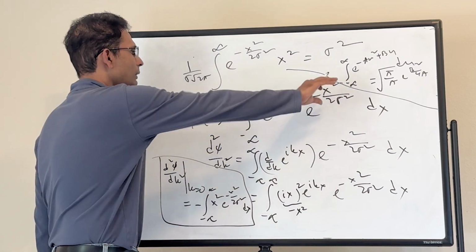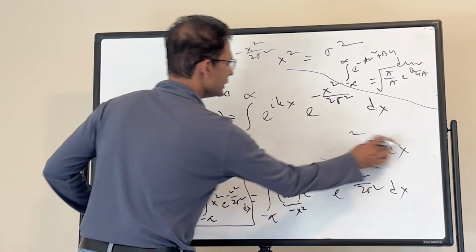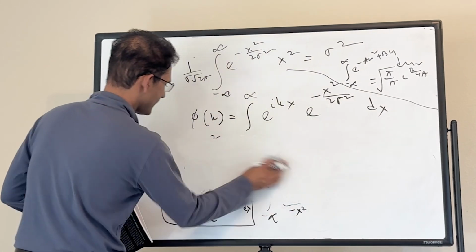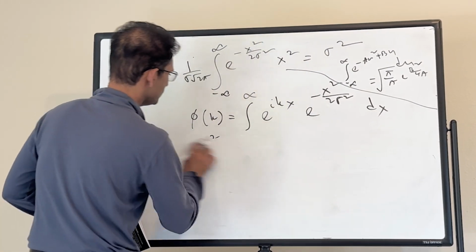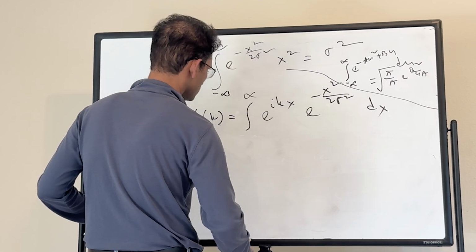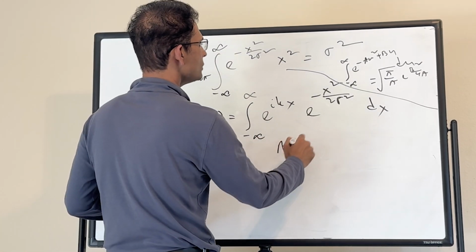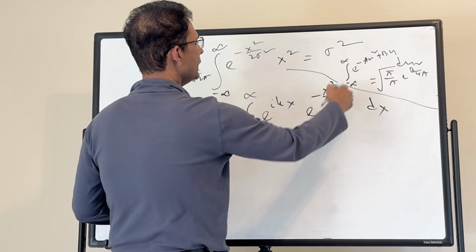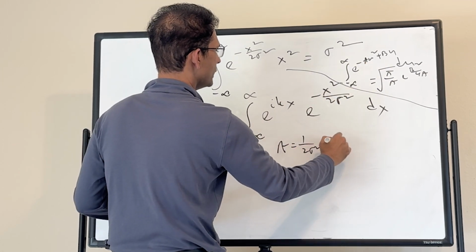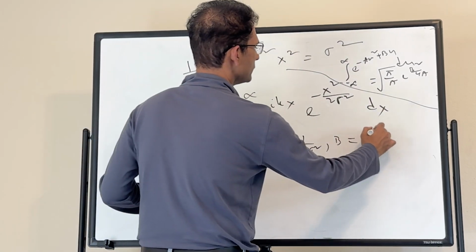So let's actually evaluate this, the integral from minus infinity to plus infinity. a is 1 over 2 sigma squared and b is equal to ik.